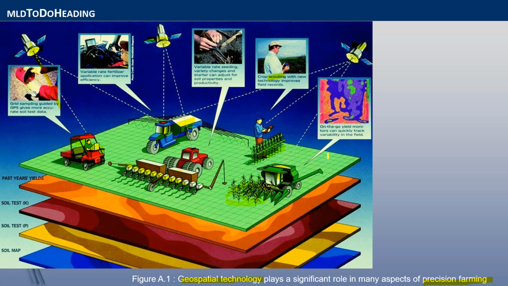Later on we will discuss how the heat map, this is the heat map, is used in geospatial technology. But this is a simple example of precision farming done with the help of geospatial technologies.